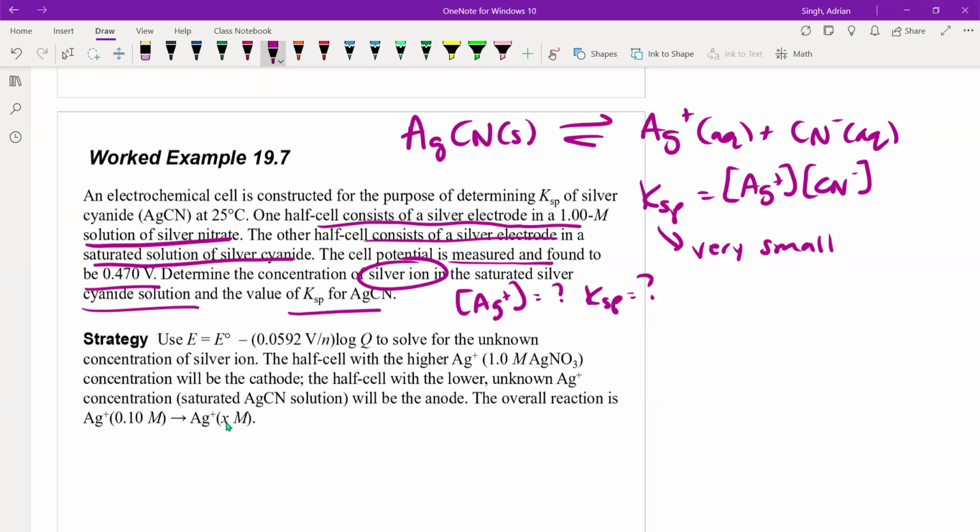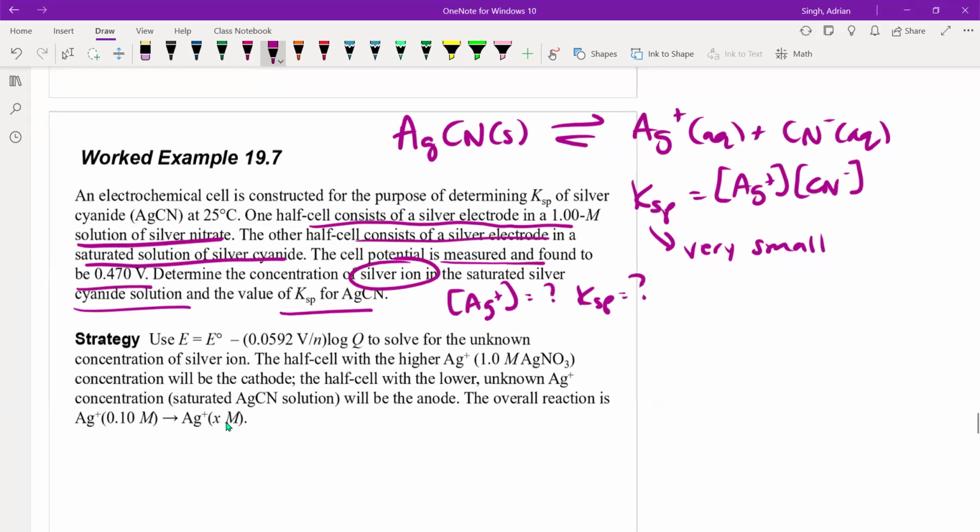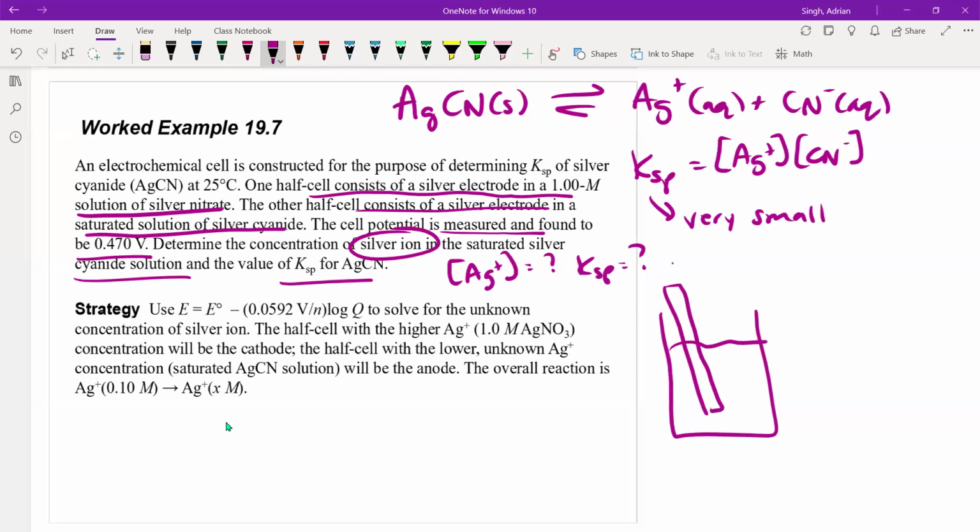Okay, so we were given a couple pieces of information. A silver electrode over here, and that's a solid, in a saturated solution of silver cyanide, AgCN. So this is going to give us Ag+ and CN-. Oh, I'm sorry, backtrack a second. Let me make sure I read that appropriately.